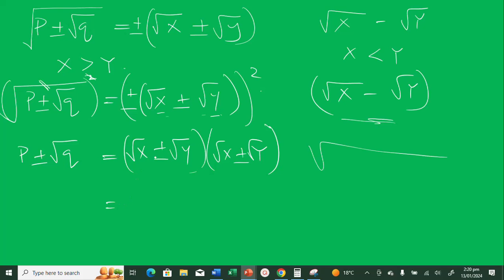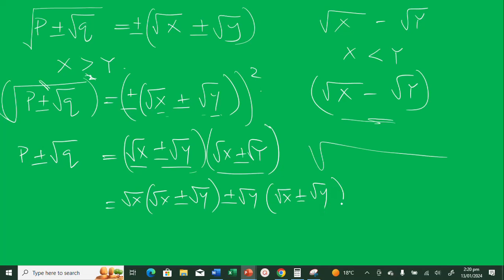Now, let's expand this expression on the right hand side. To expand it, you use this to multiply this one inside here. You have the square root of x times the square root of x plus or minus the square root of y. Then you multiply plus or minus the square root of y times the square root of x plus or minus the square root of y.